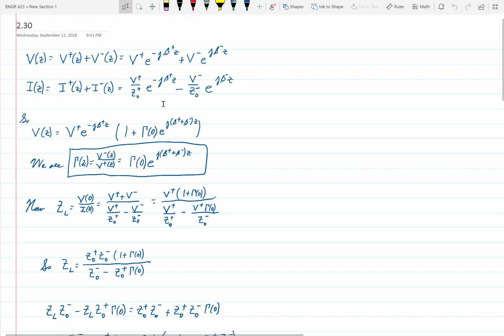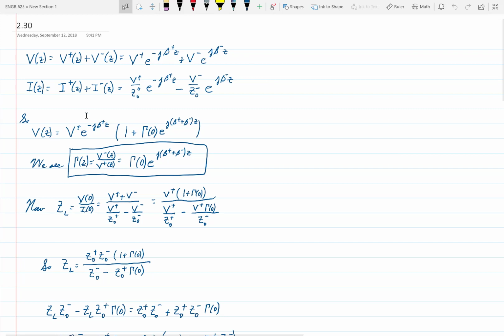The current associated with the negative traveling wave is minus the voltage associated with the negative traveling wave divided by the characteristic impedance associated with the negative traveling wave. So that's how we get this expression for I of Z.